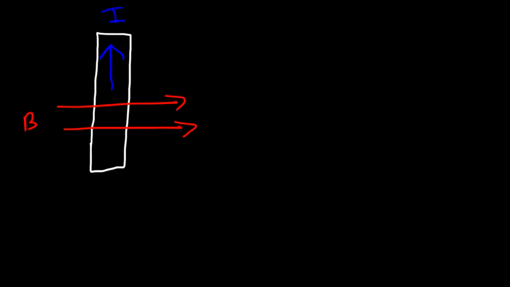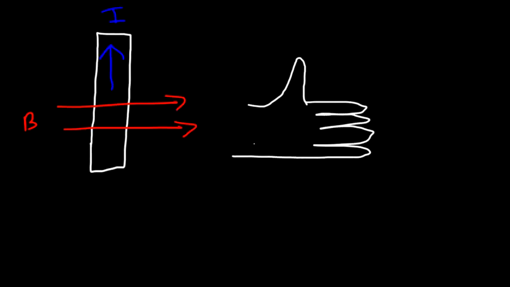So take your right hand and extend it. You want your thumb to be in the direction of the current, and you want your other four fingers to be in the direction of the magnetic field.